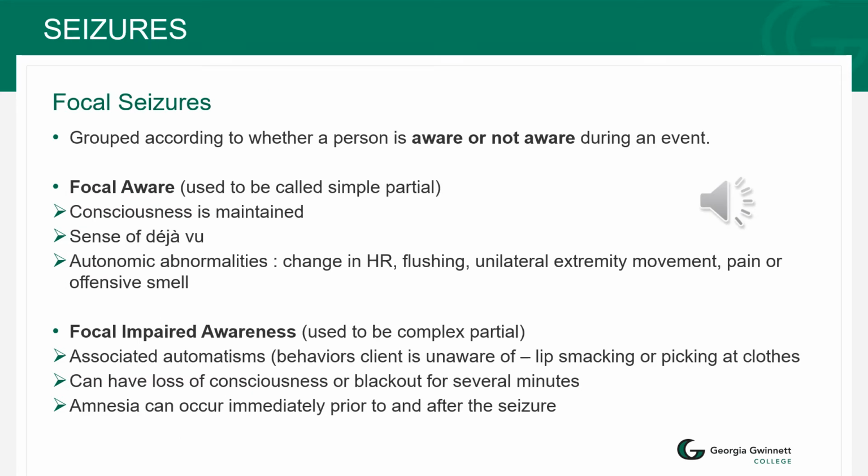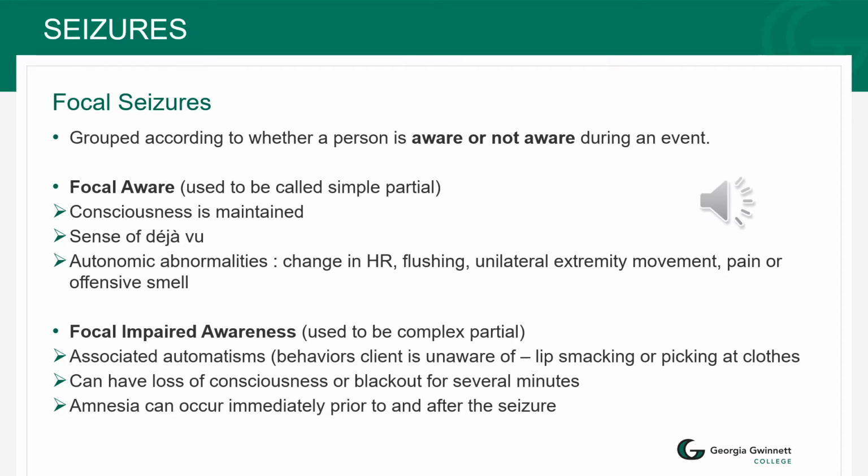Focal seizures used to be called partial seizures, and they involve only one cerebral hemisphere. They're categorized on whether the person having the seizure is either aware or not aware of the seizure. As it sounds, focal aware means that the client is conscious throughout the seizure. They may have a sense of deja vu.